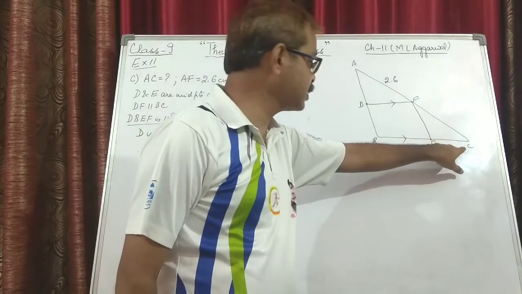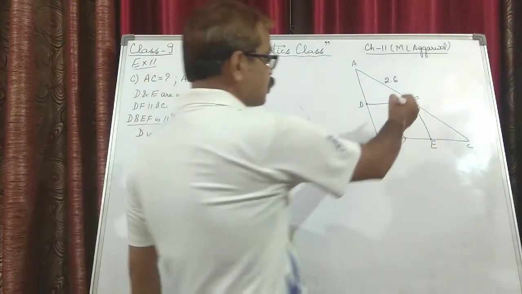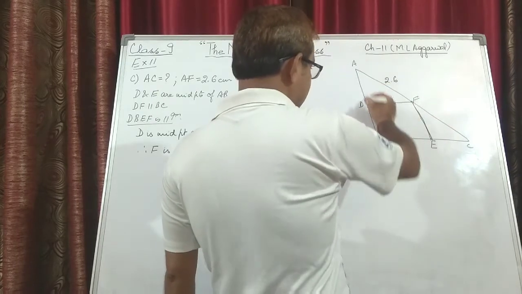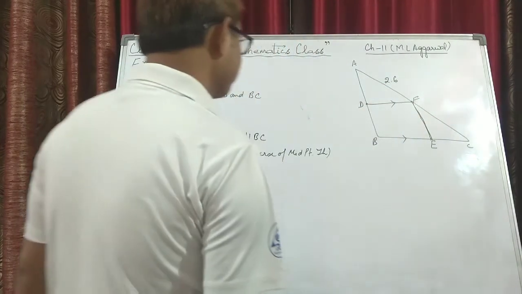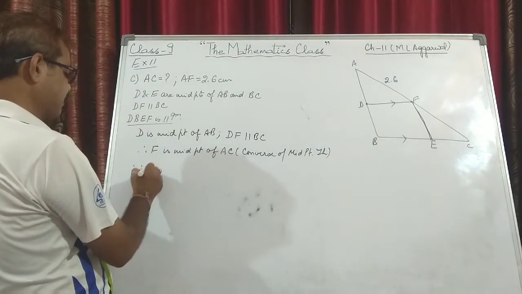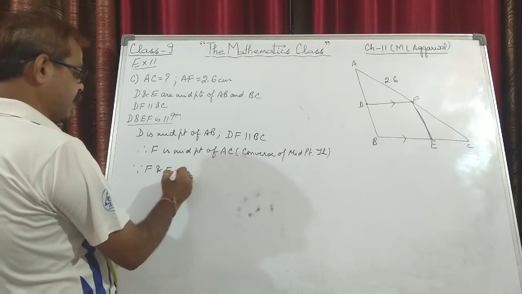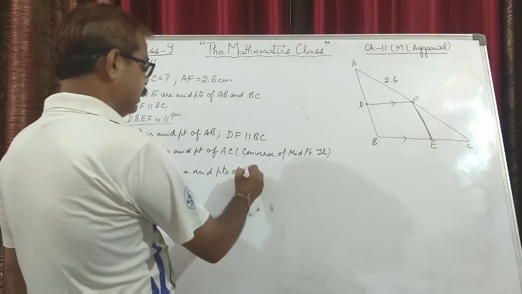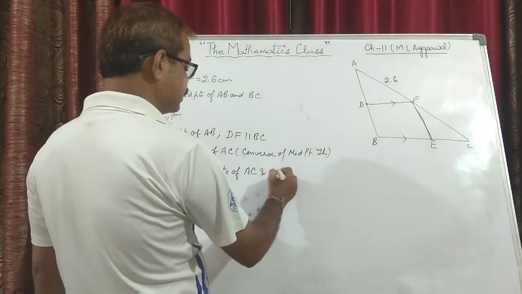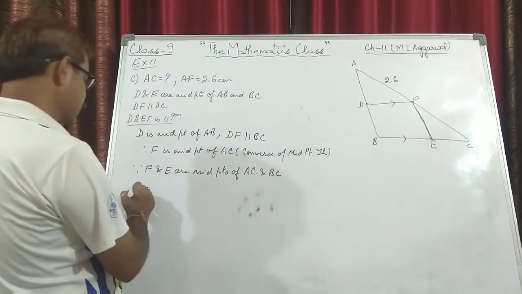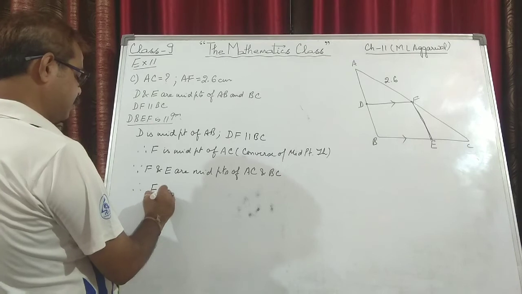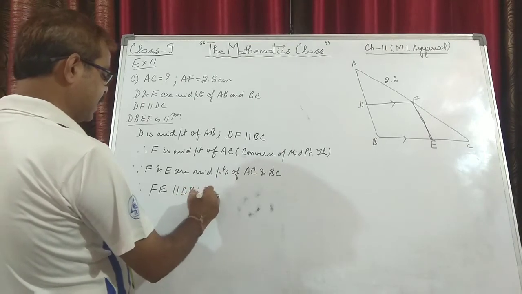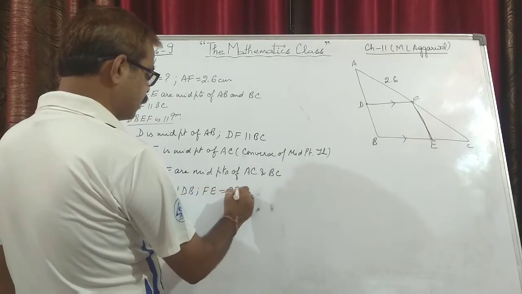So we know that in triangle CBA, a line joining midpoints of two sides is parallel to the third side and half of it. So we can say, since F and E are midpoints of AC and BC, therefore FE is parallel to DB and FE is equal to half of DB.